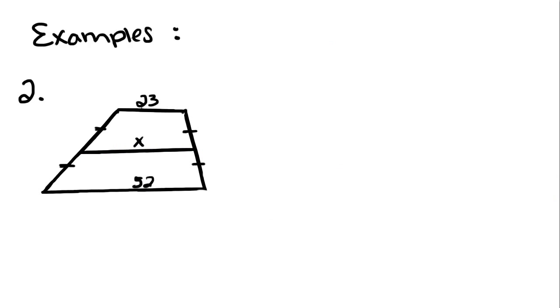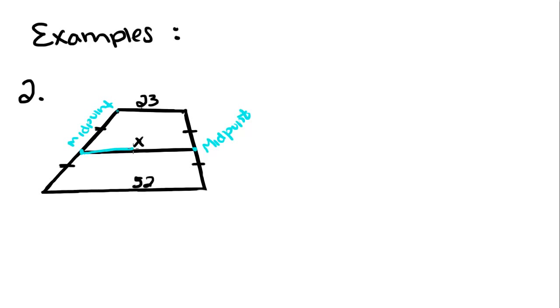Okay, so now we're trying to find the length of x. Well, since this point right here divides this leg into two equal parts, it's the midpoint. Same thing for this one, divides it into two equal parts, so it is also the midpoint.